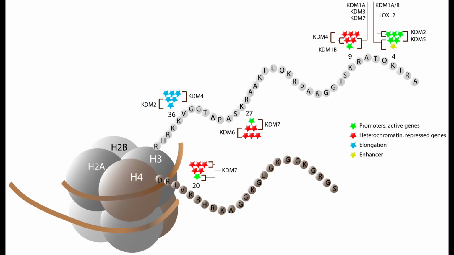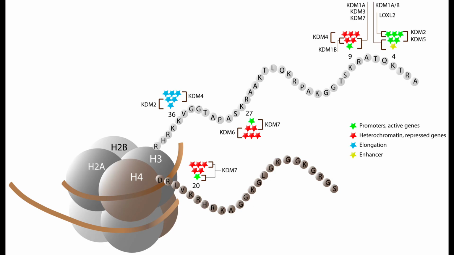As we go through this class, you'll see that DNA interacts with histones, but the chromatin modifiers also interact with the histones. What they do to those histones matters in how DNA interacts with histones and whether you're going to have euchromatin or heterochromatin.